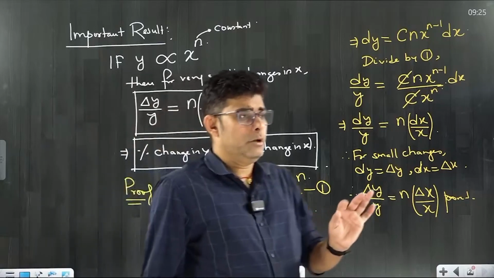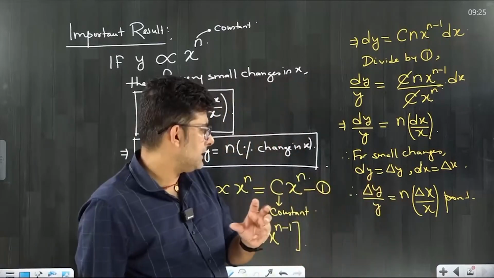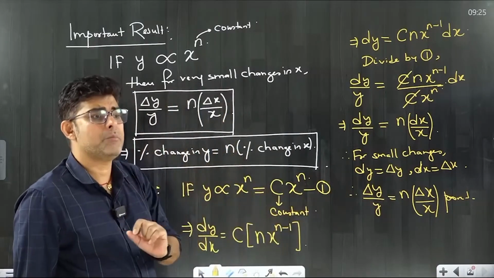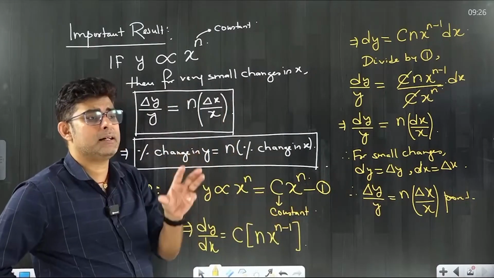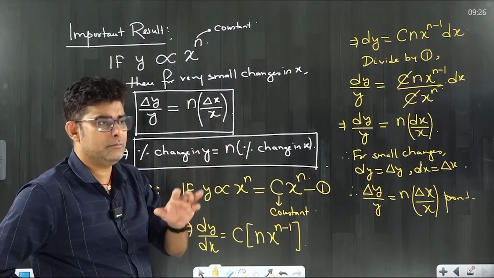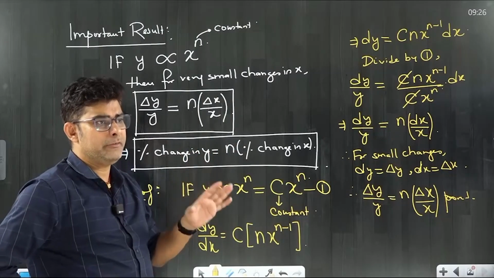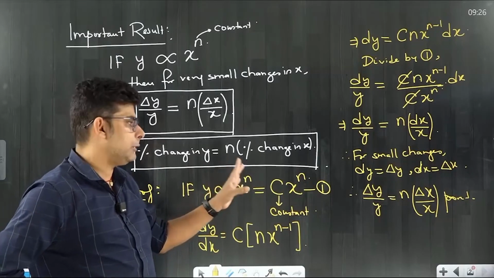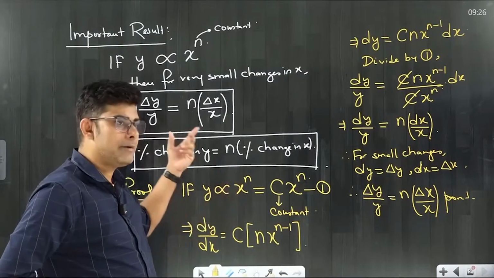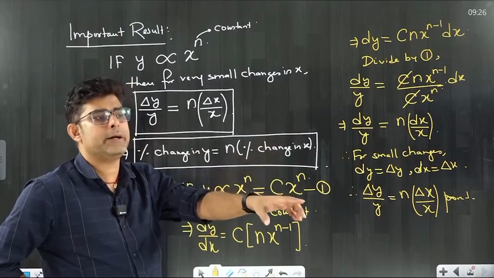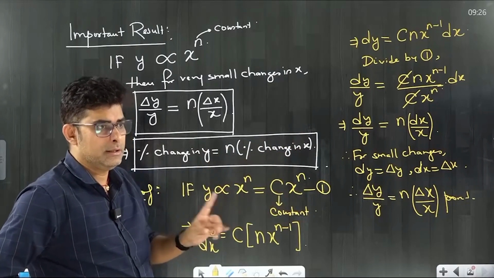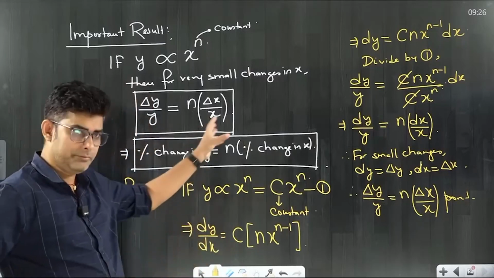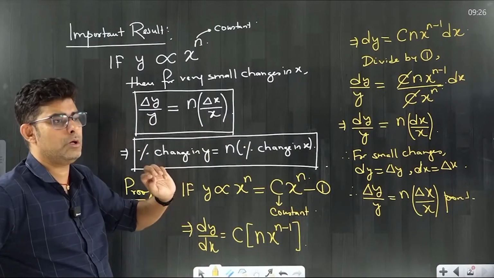One more thing, when you do not have small changes, obviously you won't be using this. What you have to remember is that sometimes students struggle with questions on percentage. I told you, if the changes are big, then you normally have to find the initial value, the final value, and then find the change. I'll take examples. Just don't lose patience for some time.